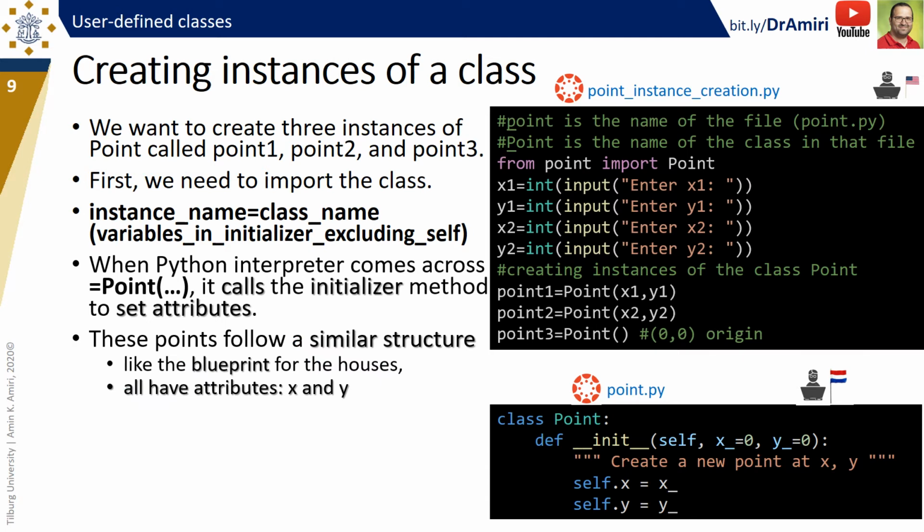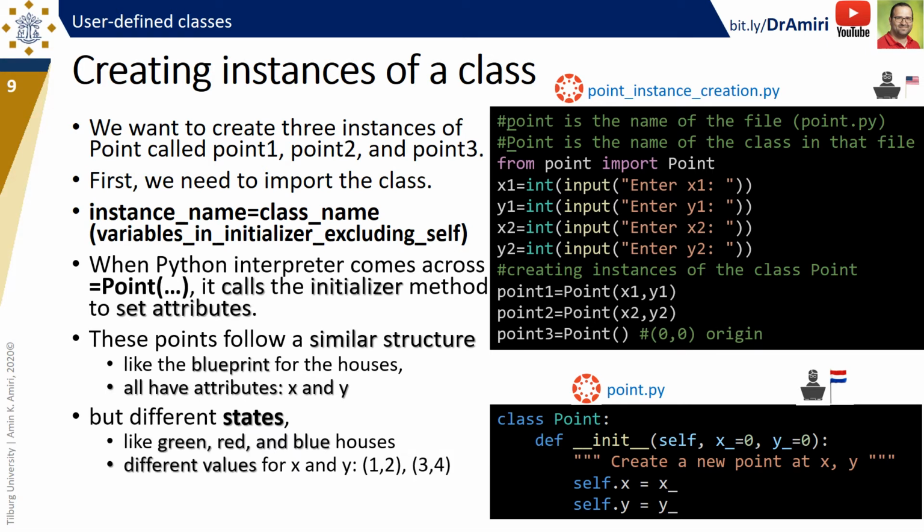So the great thing is that these points follow a similar structure. That means that if you remember the case of the houses and the blueprints, the class is the blueprint, and this blueprint includes two attributes, x and y. But each of these points has a different state. That means they have different values for x and y.